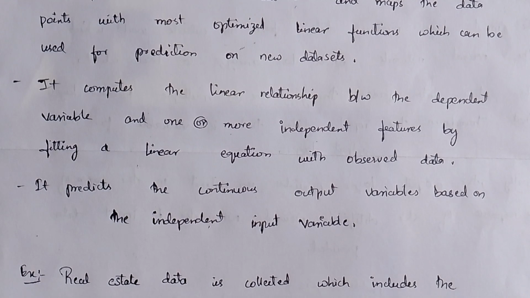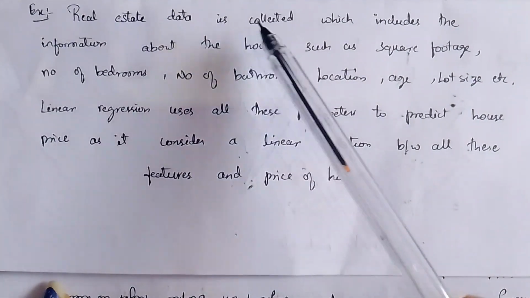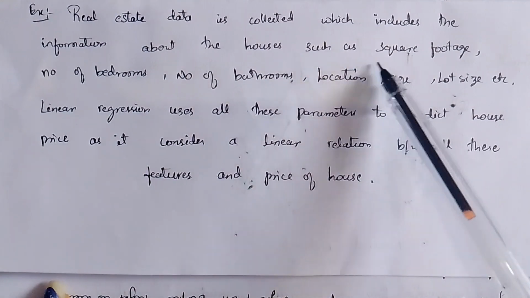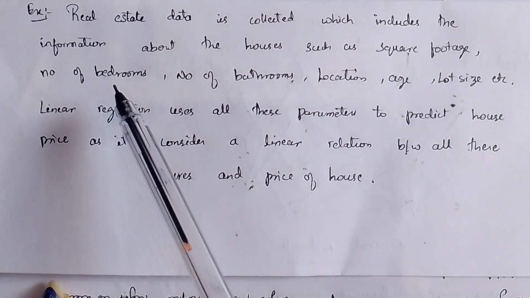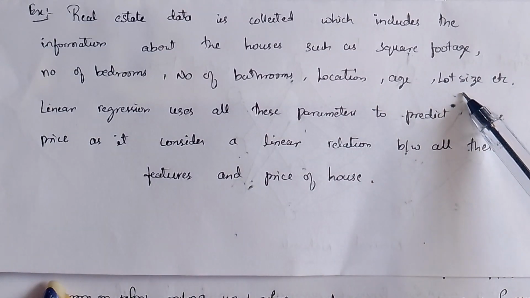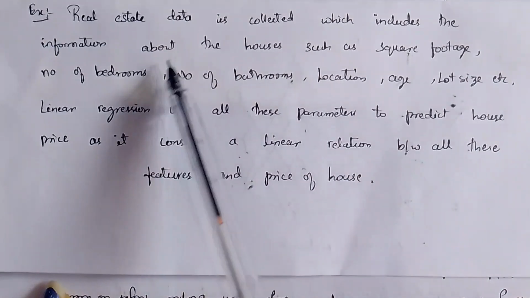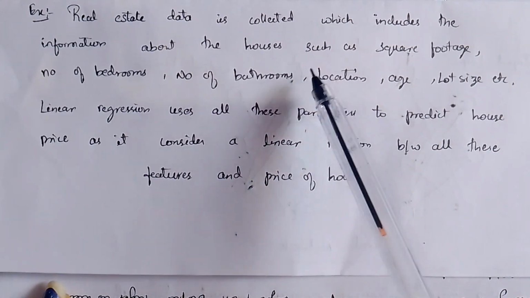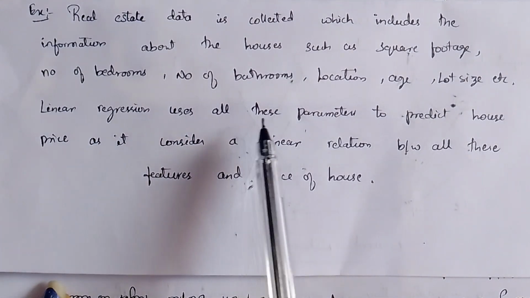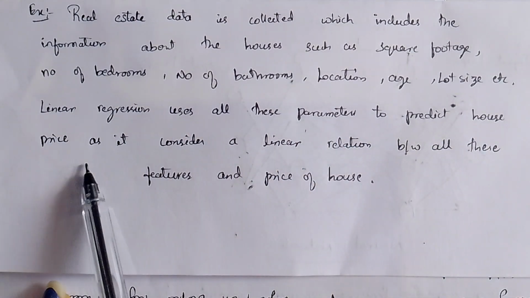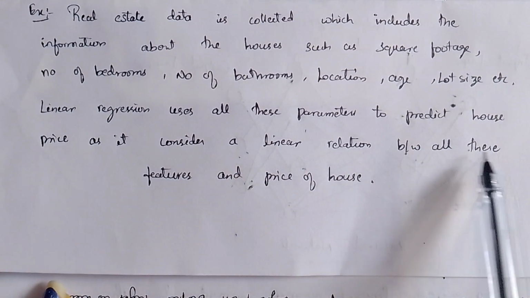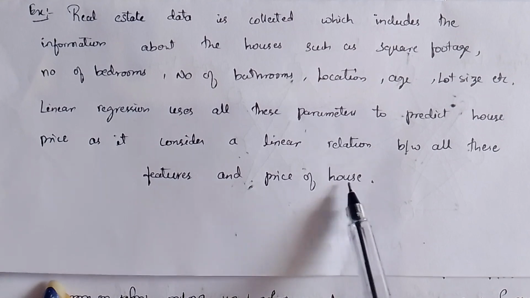Here is an example. Real estate data is collected which includes information about the houses such as square footage, number of bedrooms, number of bathrooms, location, age, lot size, etc. These all are our input variables on which we are going to predict the house prices. Linear regression uses all these parameters to predict the house price as it considers a linear equation between all these features and the price of the house.